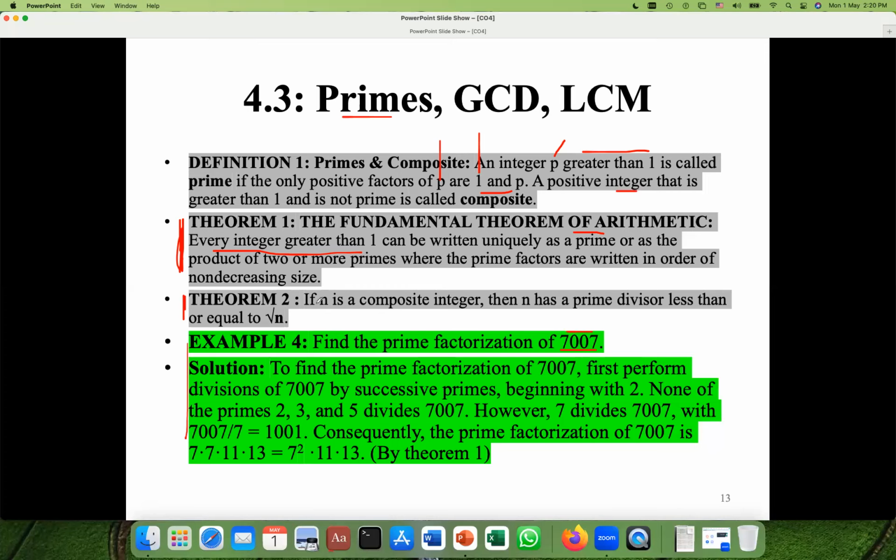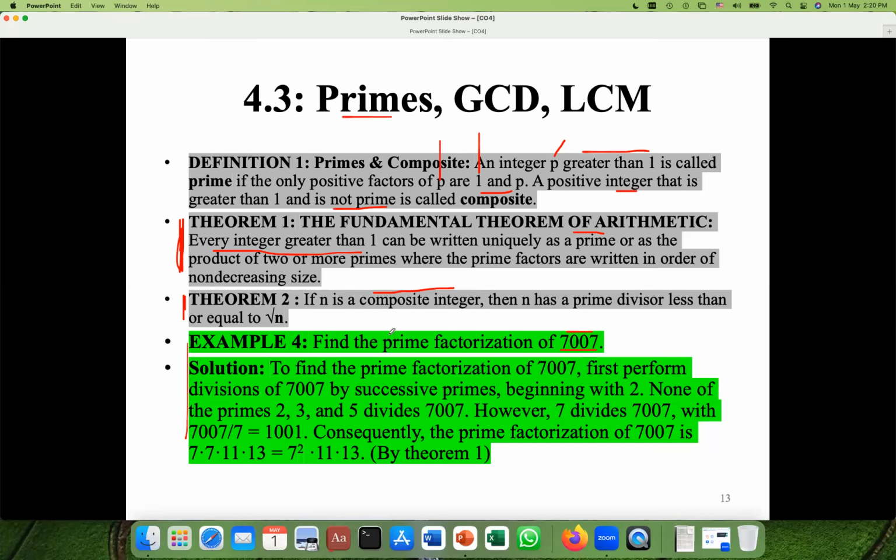And then we have another theorem, and that theorem is saying if n is a composite integer, what is a composite integer? Which is not a prime. We have seen this definition here.